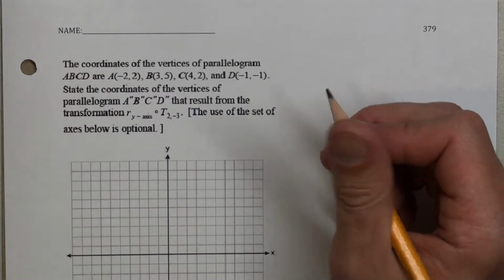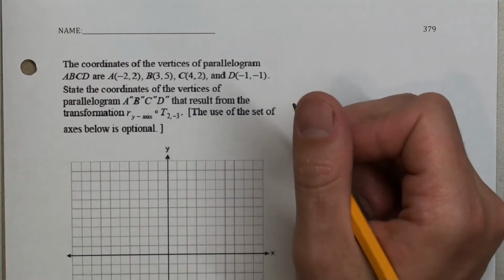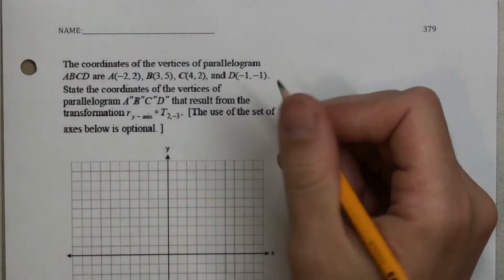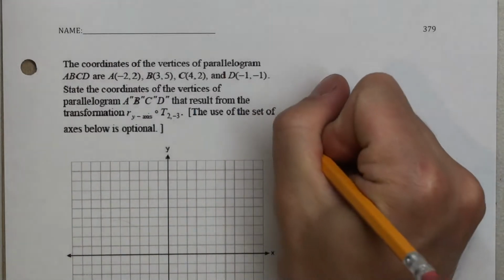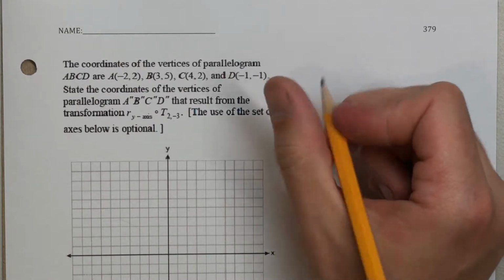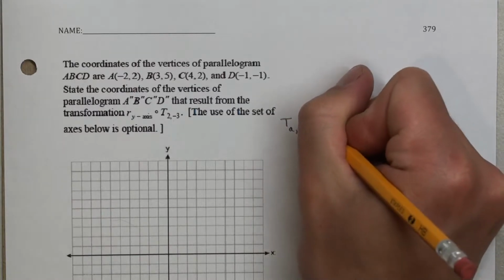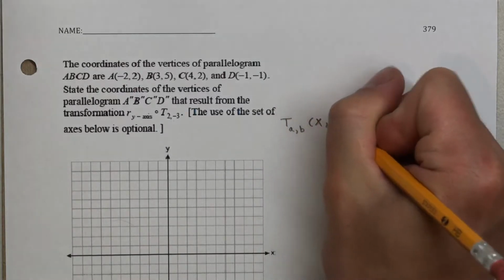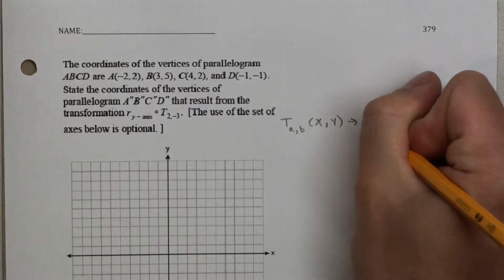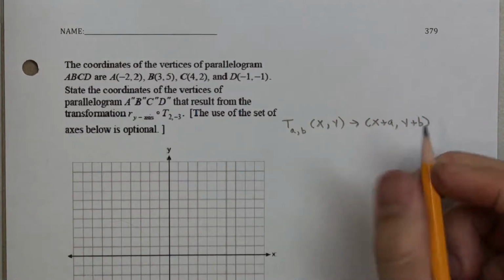So the first rule is a translation. And the way it's written is a translation of (a, b) takes (x, y) to (x plus a, y plus b).